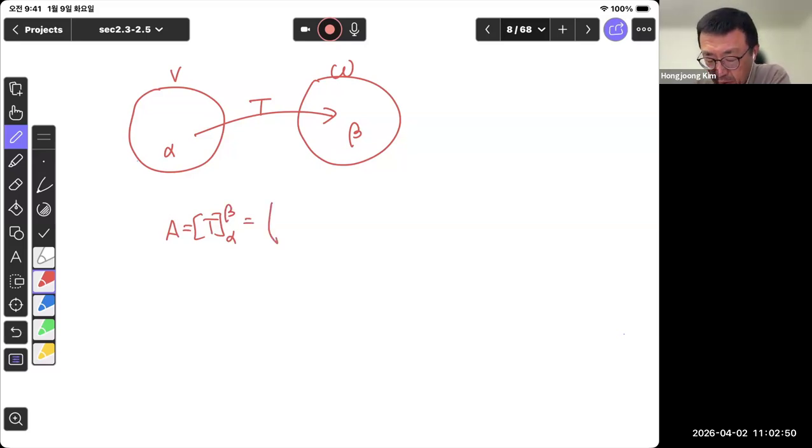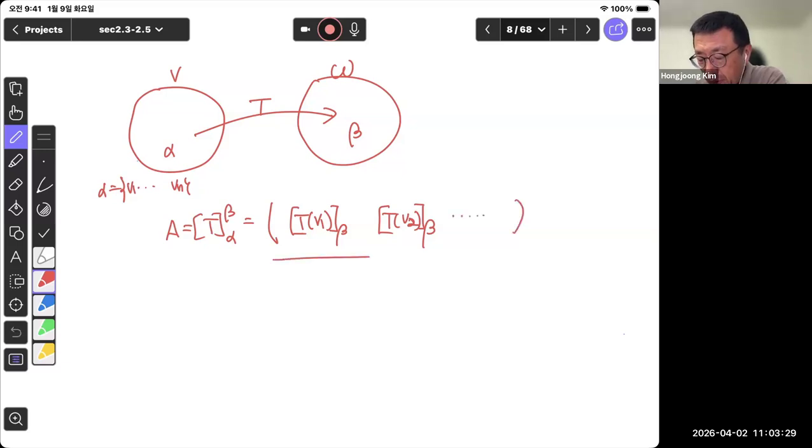If alpha consists of V1 up to Vn, you find the image T of V1, and then you find the coordinate of that image with respect to beta, and that goes to the first column. Then you consider the image of the second vector of the basis. You find the coordinate with respect to beta, and using those coordinates you fill the second column of the matrix, and so on. That's how we construct a matrix representing this linear transformation, right?